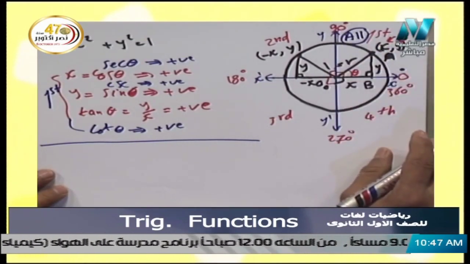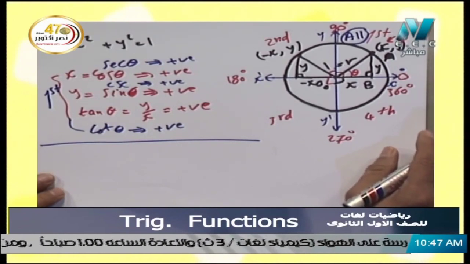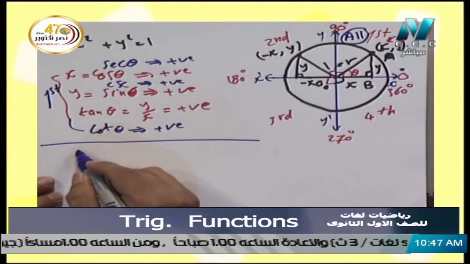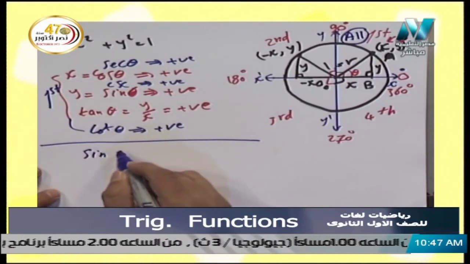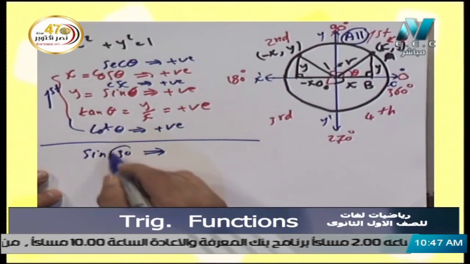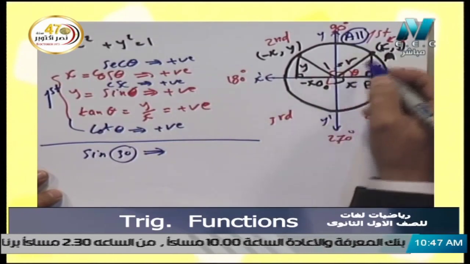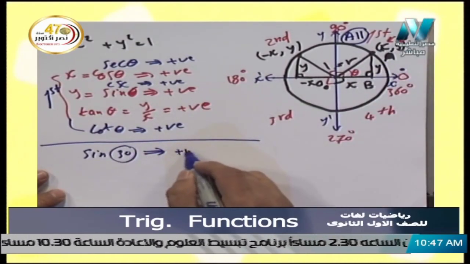Between 0 and 90 may be 30 degrees, 50, 60, and so on. So when someone asks us whether sine 30 is positive or negative, we know that 30 lies in the first quadrant, so sine 30 will be positive.